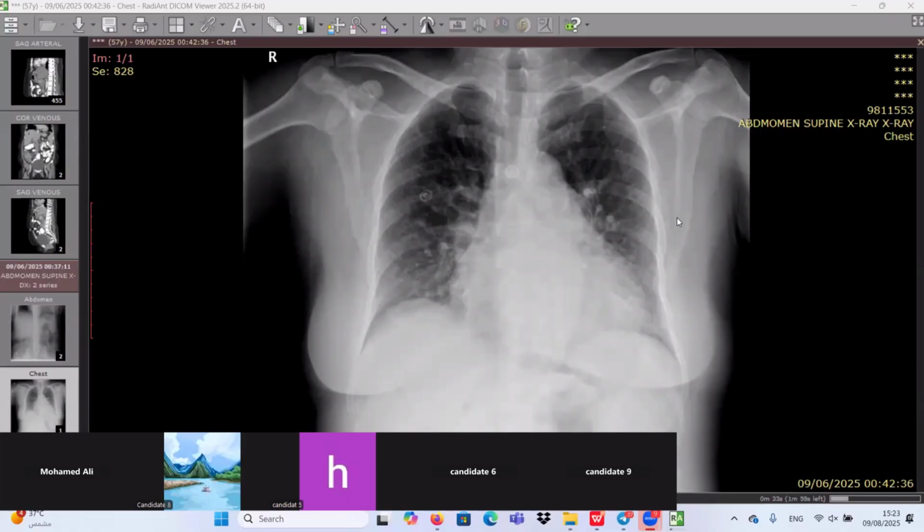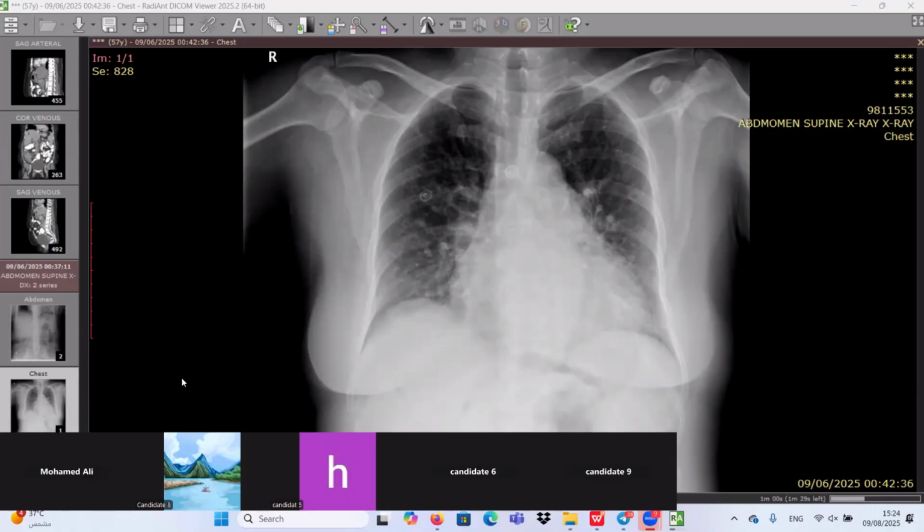Chest pain, okay. Yeah. This is frontal radiograph of an adult patient presented with chest pain. So I can see that there is increased cardiothoracic ratio, consistent with cardiomegaly.